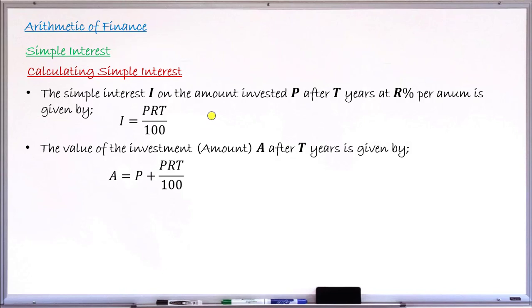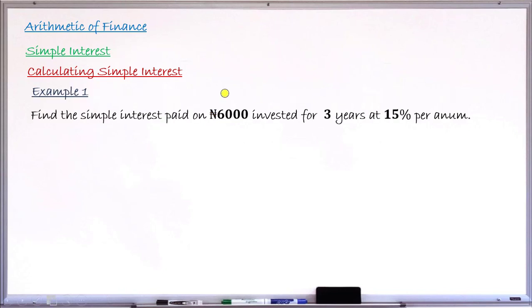So let us move. Example number 1 says: find the simple interest paid on 6,000 naira that was invested for 3 years at 15% per annum. The solution to this problem is the interest that we are asked to find. Let me first write the formula for the simple interest, that is I equals PRT all over 100. From my question, I'll find what P, R, and T will be.